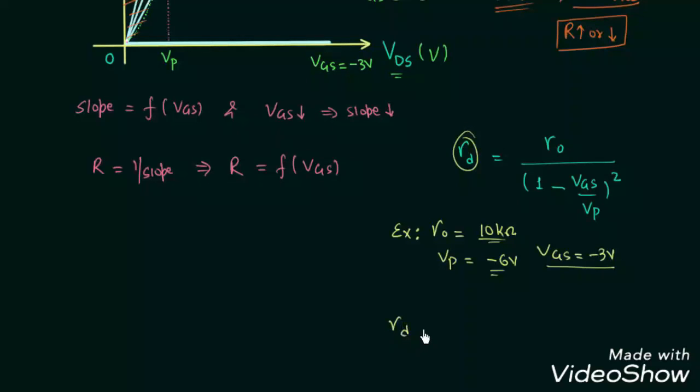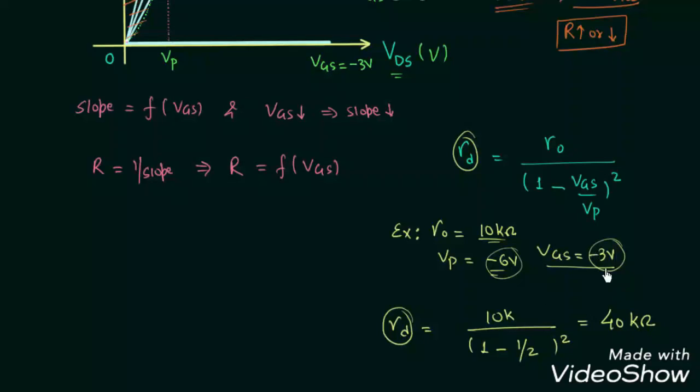So RD is equal to 10 kilo ohm divided by, inside the bracket, 1 minus -3 divided by -6, which is equal to 1 by 2 whole square. And when you solve this, you will have 40 kilo ohms as the value of resistance RD. So when VGS is equal to -3 volt, resistance of JFET is equal to 40 kilo ohm.